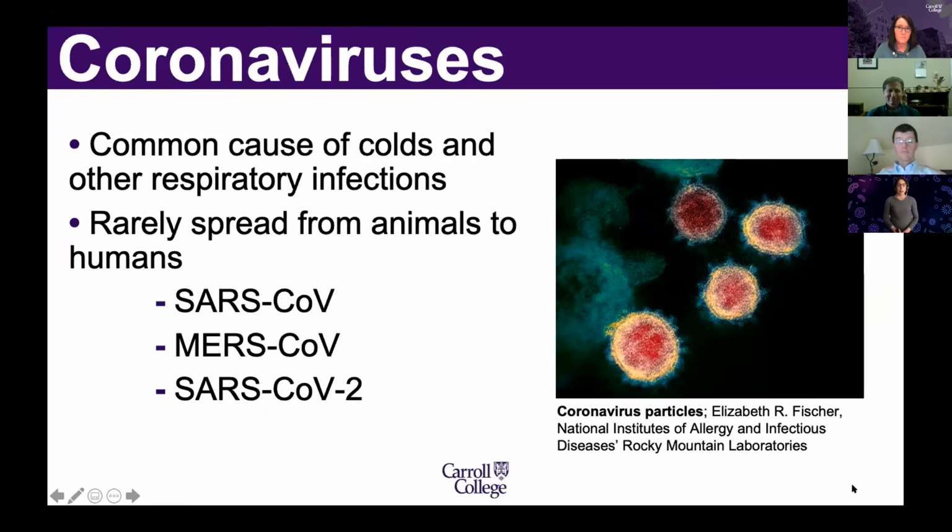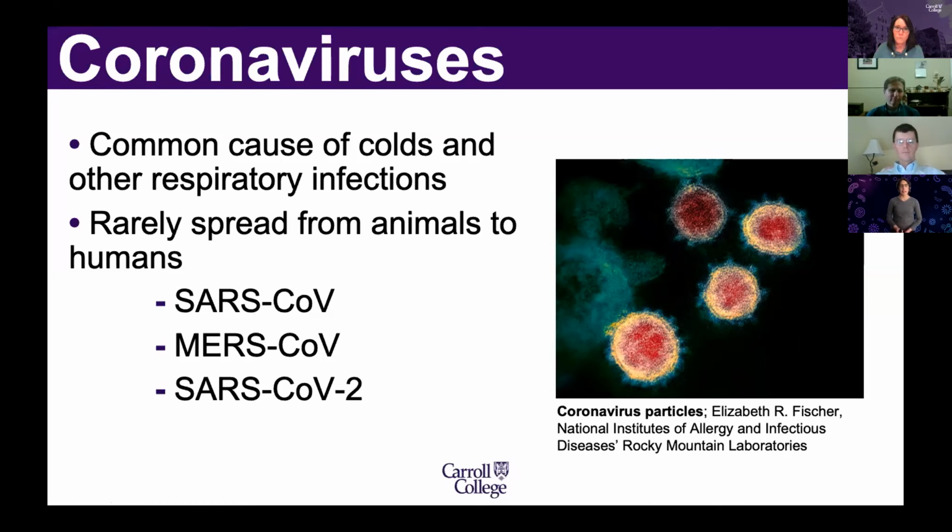Coronaviruses are really common in humans. They're also found in a variety of animal species, including pigs, camels, cats, and bats. Very rarely, animal coronaviruses can infect people and then be spread between people.